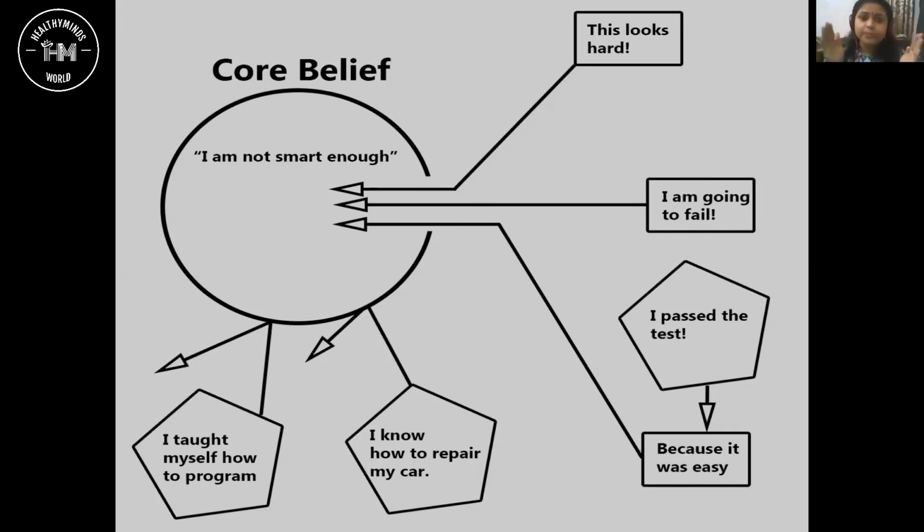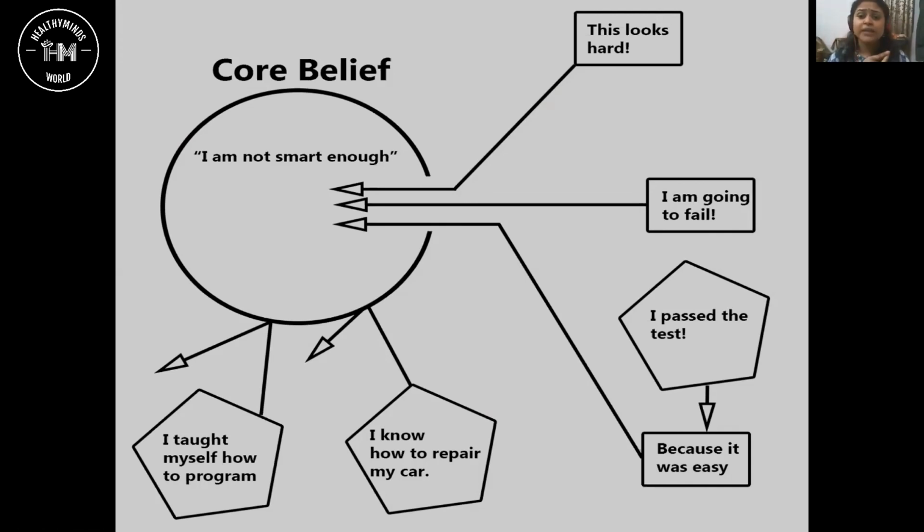Now this schema holds this core belief. Okay, so the belief is a part of the schematic composition that we have. Now for this person, again, let's take the same example. What is the core belief here? I am not smart enough, or say I am not competent, I am incompetent, is the core belief. Now, when does this core belief get activated particularly for this person?